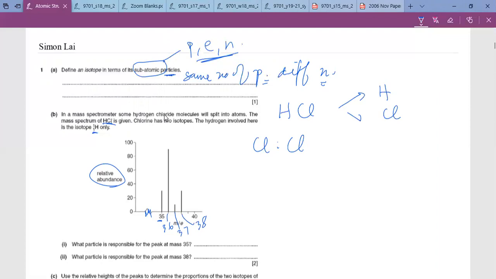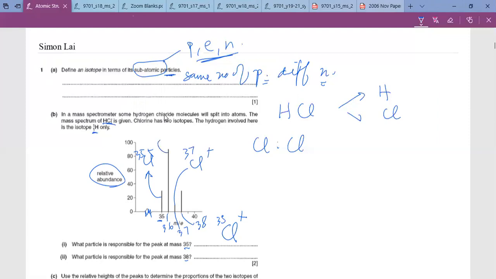Analysis. What particle is responsible for a peak of mass 35? Of course, it must be Cl-35, because the lowest one must be the atom splitter, can't be 1, can be hydrogen. So it's positive here. What particle is responsible for a peak of 38? The 35 peak is for Cl-35, and this one is for Cl-37.